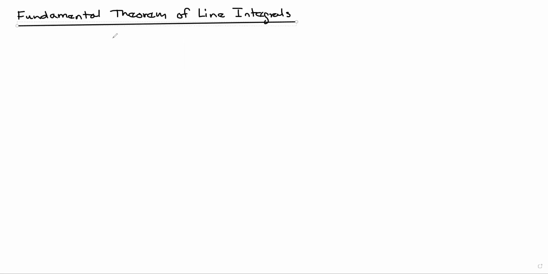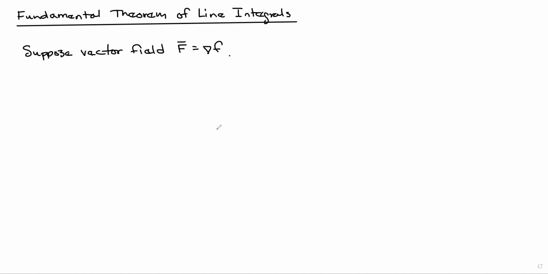All right. So to start, we're going to start with a vector field. Suppose vector field capital F equals the gradient of lowercase f. So in the last video, we said that this is called a gradient vector field.